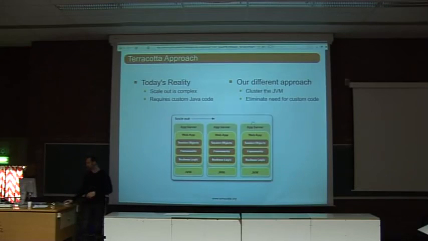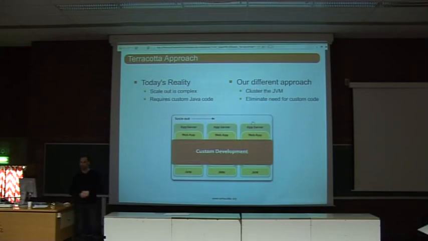Usually, they resort to some custom development, or they use existing solutions that they also have to plug in through custom development, like JMS or grid-based solutions, or things that are quite invasive. You can't really take a Java application that has been written for a single machine and say, okay, let's take it to several machines and make sure that your state is correctly clustered across all those nodes. Well, we think that that should be possible.